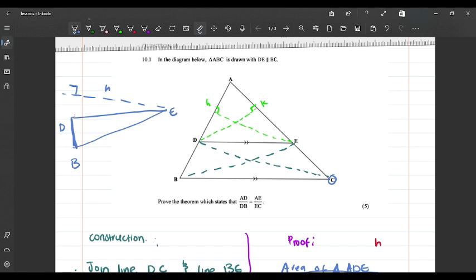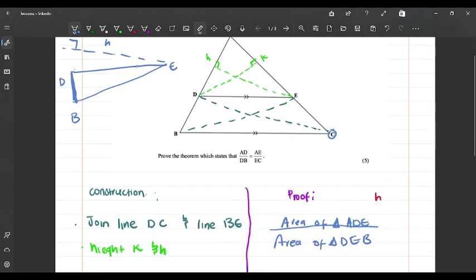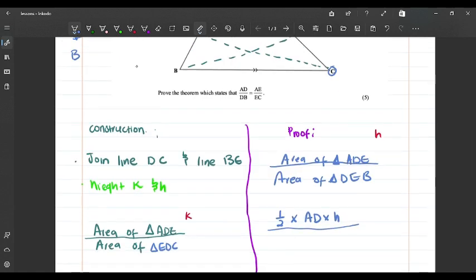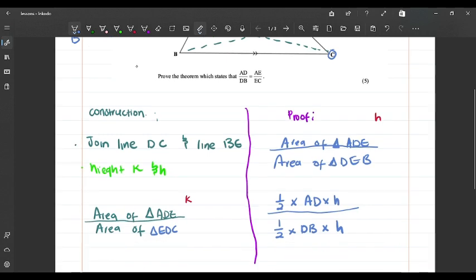This H is outside of your triangle, but it's perpendicular, and here you have your base, which is DB. As a result, DB would be our base in this instance. So it will be 1 over 2 multiplied by base, which is DB, multiplied by my perpendicular height, which is H, right?